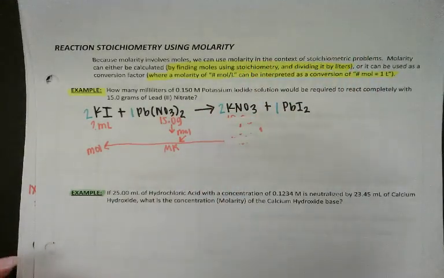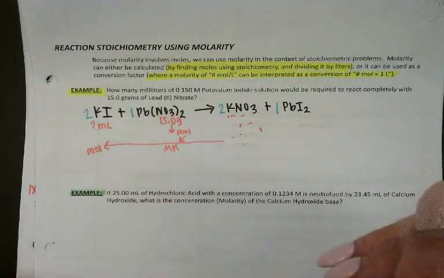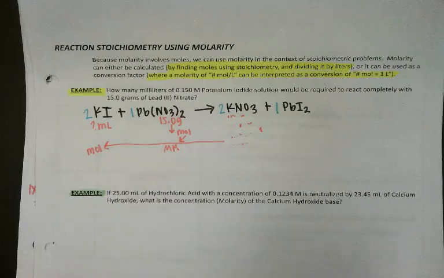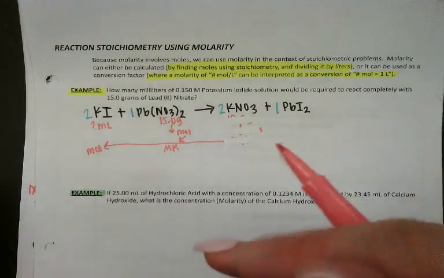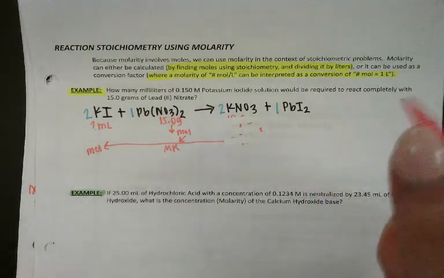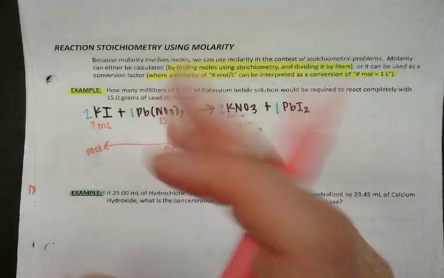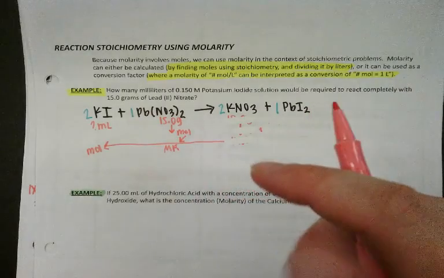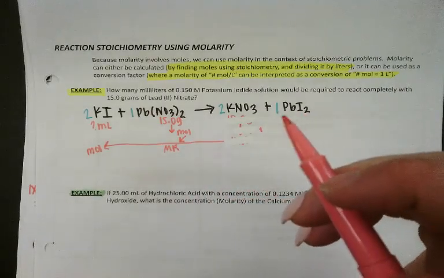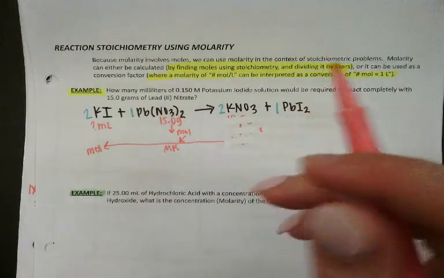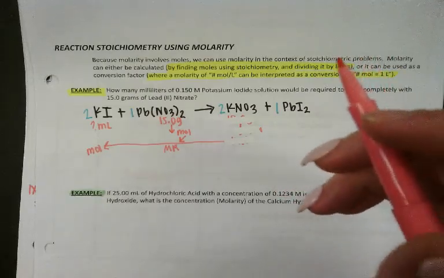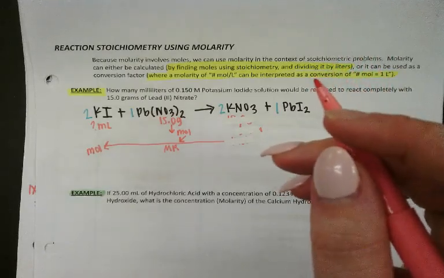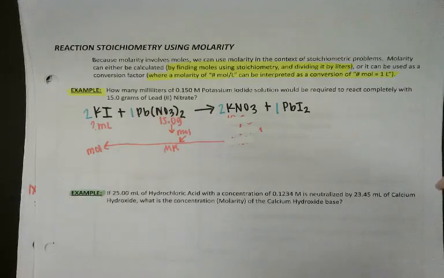Grams of lead nitrate to moles of lead nitrate. Moles of lead nitrate to moles of potassium iodide using mole ratio. Then what's my next step going from moles to milliliters? I'm not going to go back. Why would I go back from moles to grams?